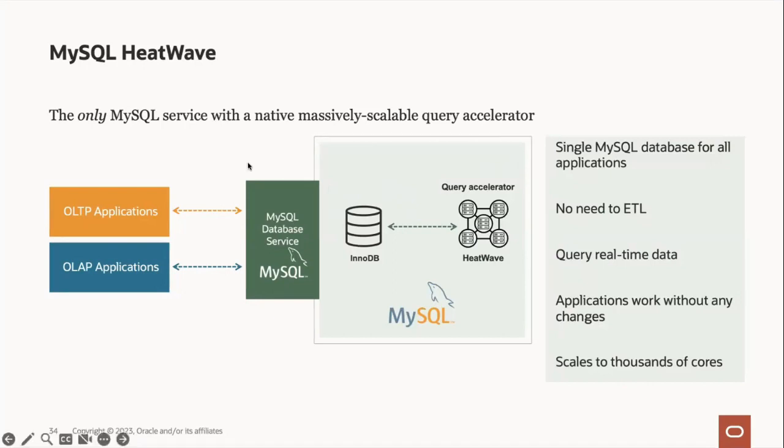And this is going to scale to thousands of cores. Now, on top of that, the HeatWave service is smart and managed. So things like high availability, things like database health are going to be checked in real time. The HeatWave node and the HeatWave node controller are going to be looked at automatically every 30 seconds to 1 minute.